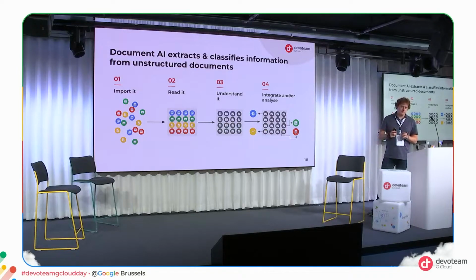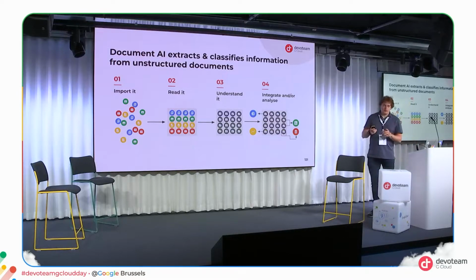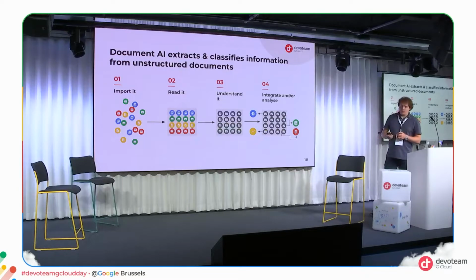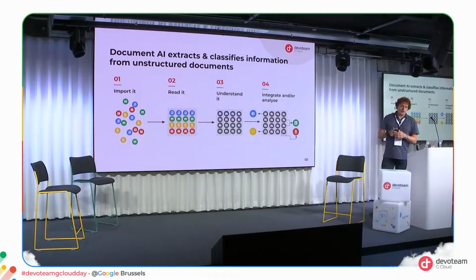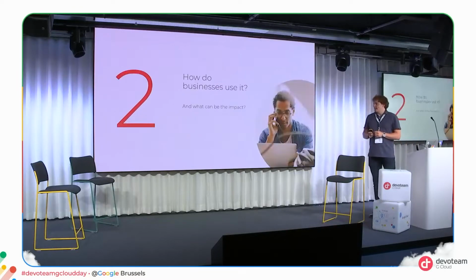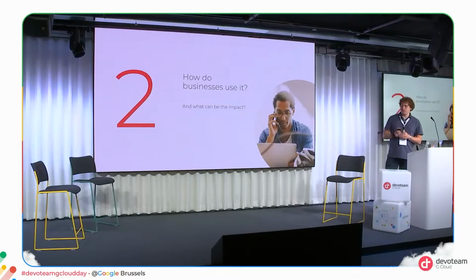That's just not a realistic expectation. These models are statistical. It means that there is always a probability that they're wrong, and you have to take that into account. That's something that can be a bit of a shift from the traditional way of working, where you normally assume that the people you have working on it actually are 100% accurate, even though that's not always the case as well. So, how do most businesses use it?